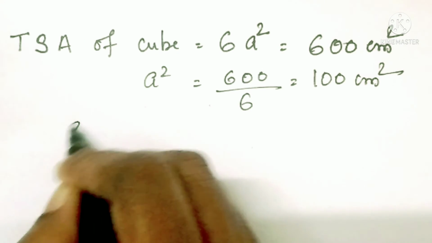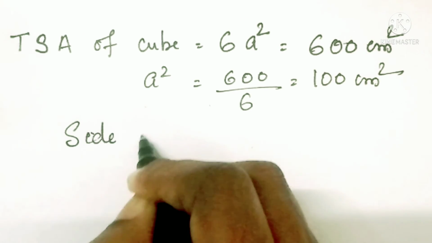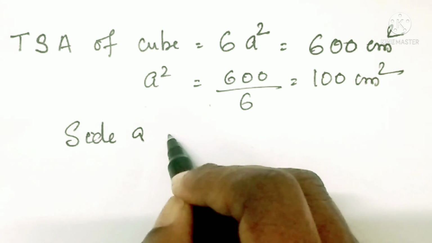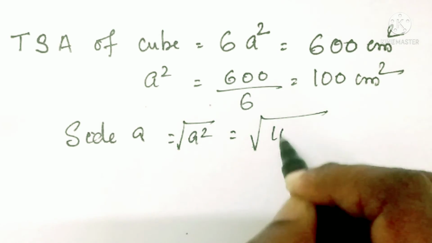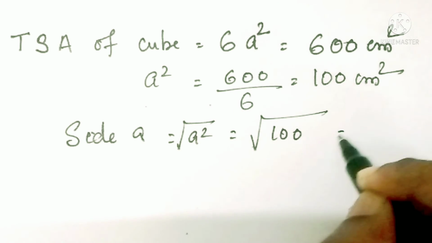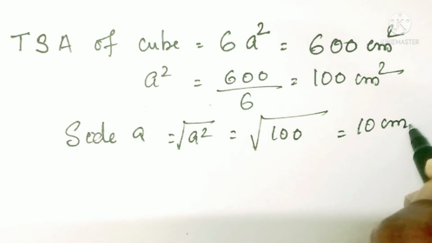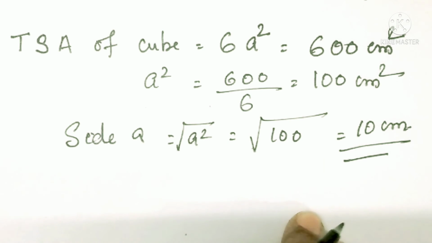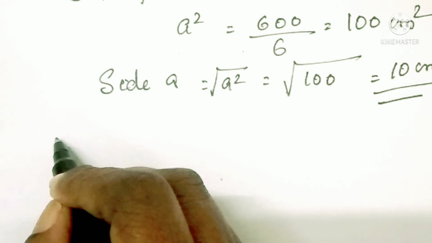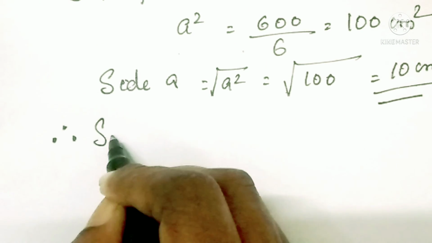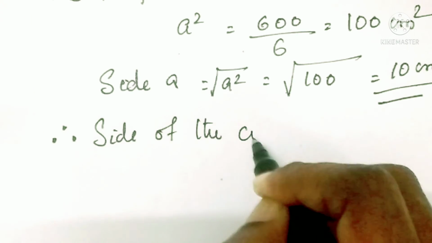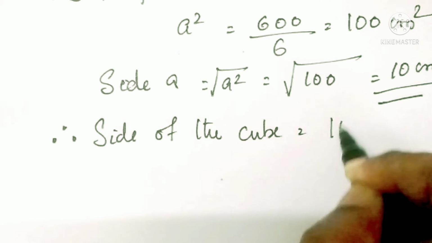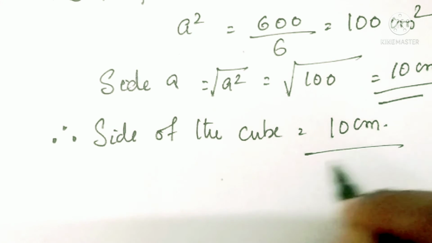And from here, side you have to find out. Side a is equal to square root of a square, that is square root of 100. What is the square root of 100? It is 10 centimeter. Therefore, side of the cube is equal to 10 centimeter.